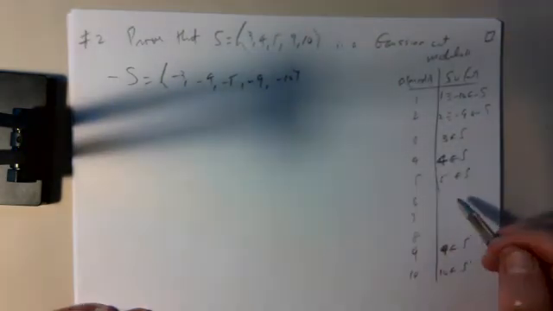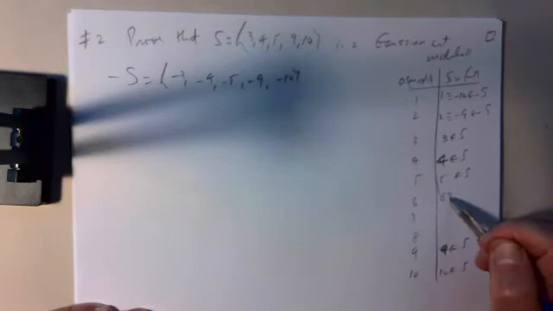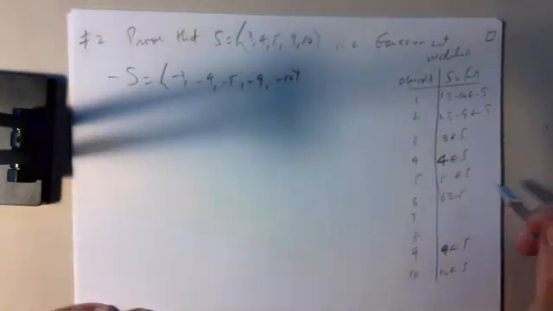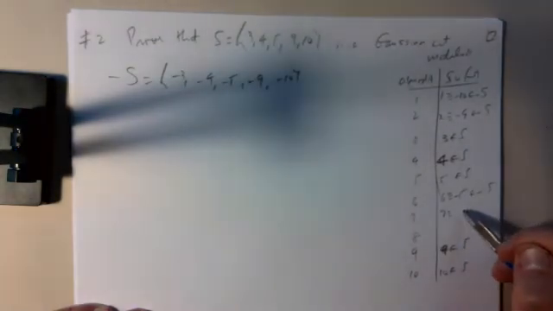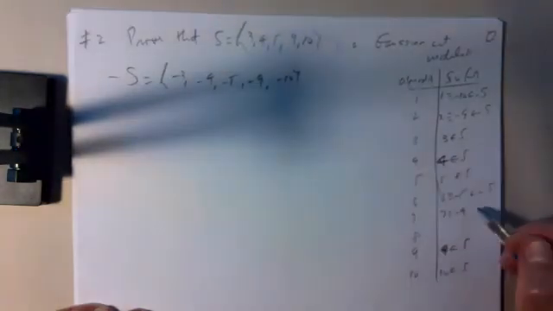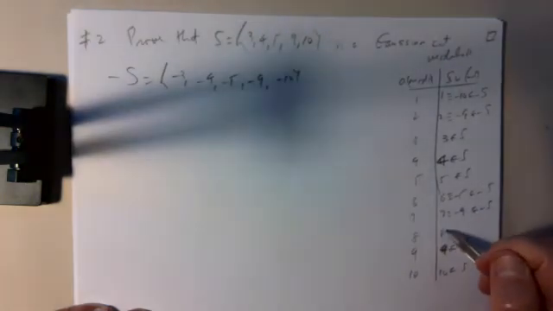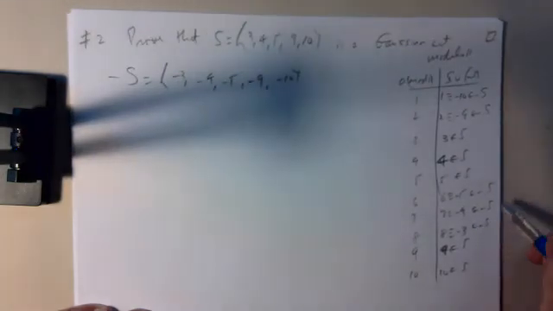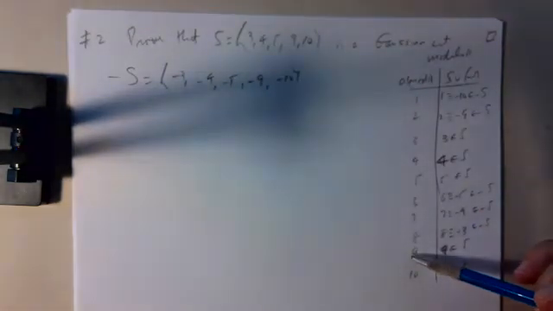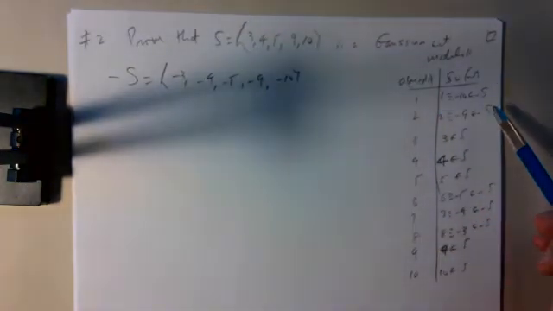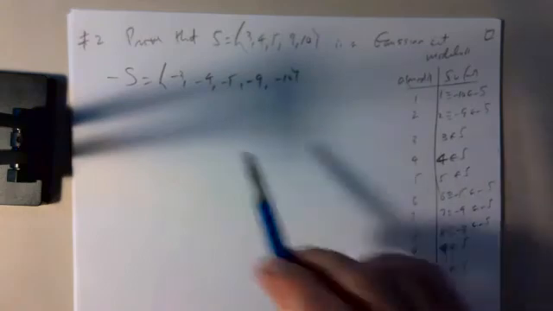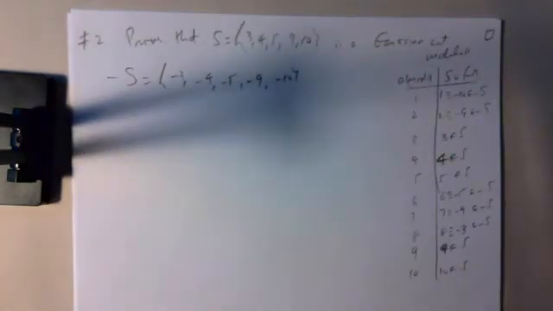That's in minus S. 6 is the same as minus 5. That's in minus S. 7 is the same as minus 4. That's in minus S. 8 mod 11 is the same as minus 3. That's in minus S. So every congruence class mod 11, not 0, is congruent to an element in S or negative S. So this is a Gaussian set. That's the proof that it is a Gaussian set.